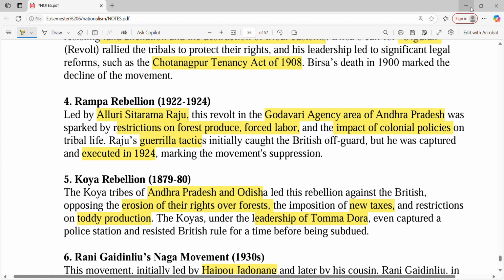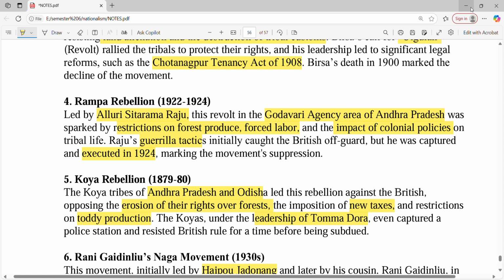Next is the Rampa rebellion. It was led by Alluri Sitharama Raju, who, though not tribal, understood British restrictions on tribal life and organized Adivasis. This is also known as the Manyam rebellion.